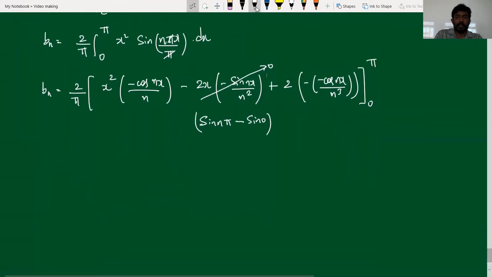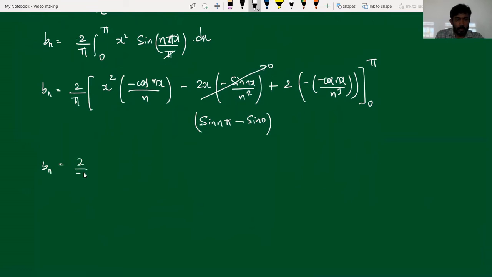So we get bn equal to 2 by pi into minus 1 by n is constant into x square cos nx between the limits. This becomes pi square cos n pi minus 0 into cos 0. Moving to the last term, minus into minus is plus, 2 by n cube is constant, plus 2 by n cube into cos nx between the limits.